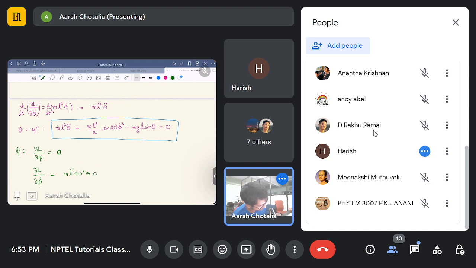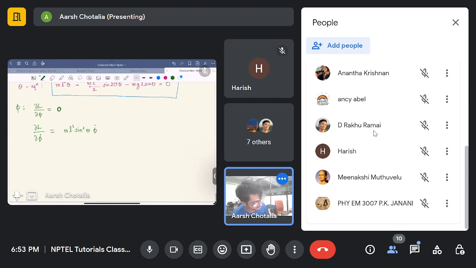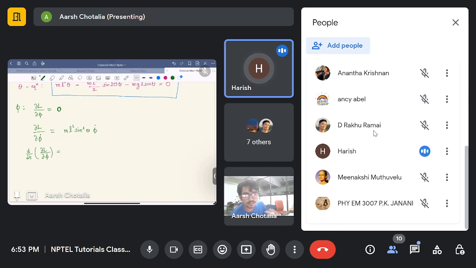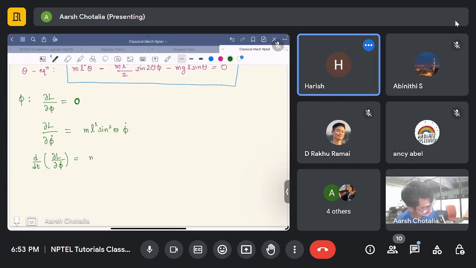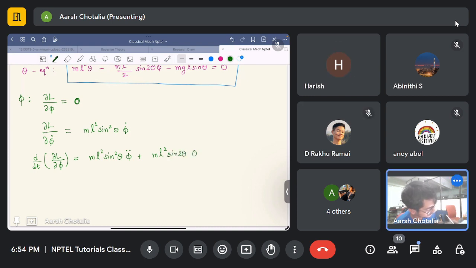Now the time derivative. m L squared sine squared theta phi double dot, plus m L squared sine 2 theta theta dot phi dot.